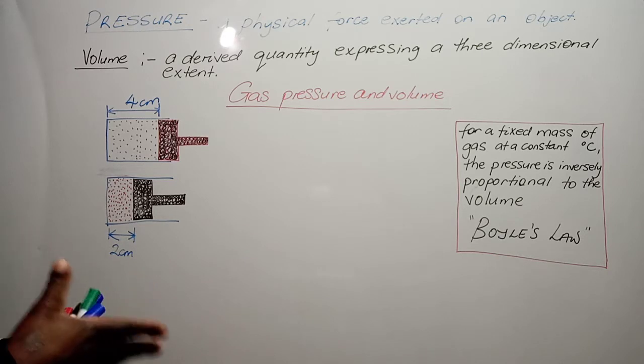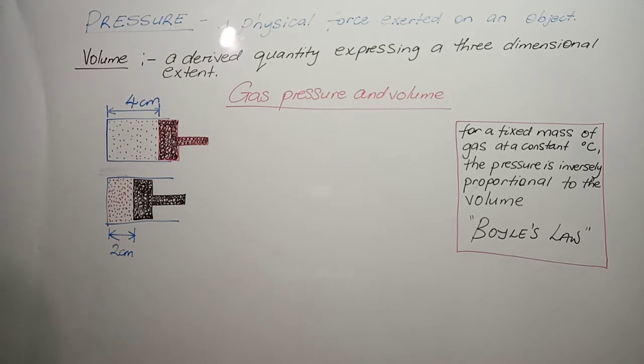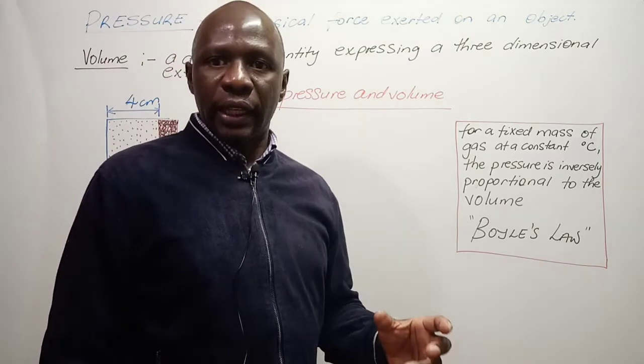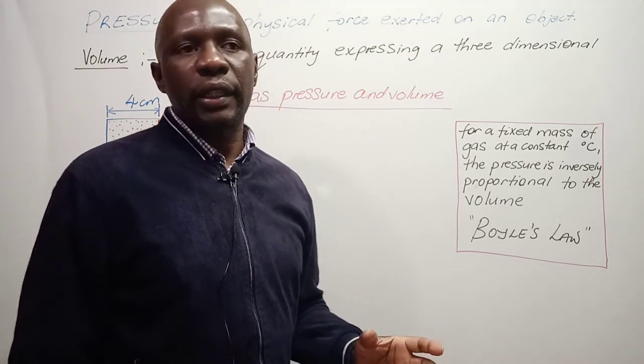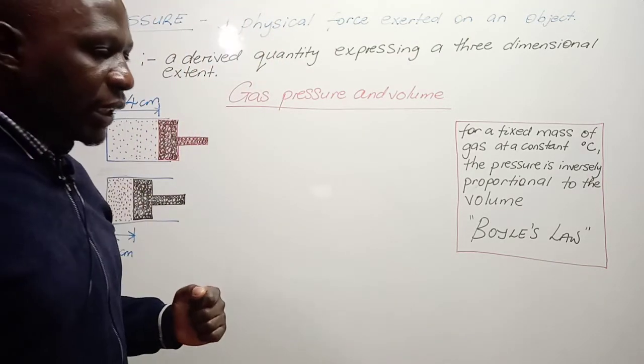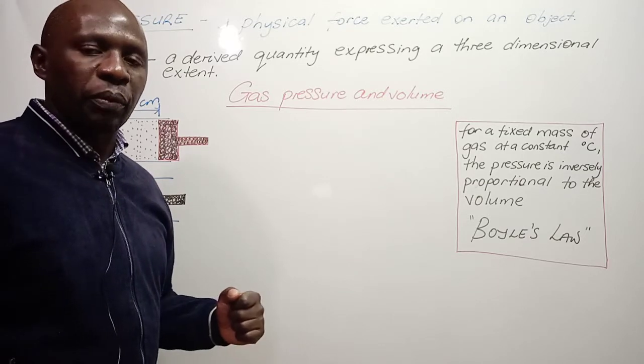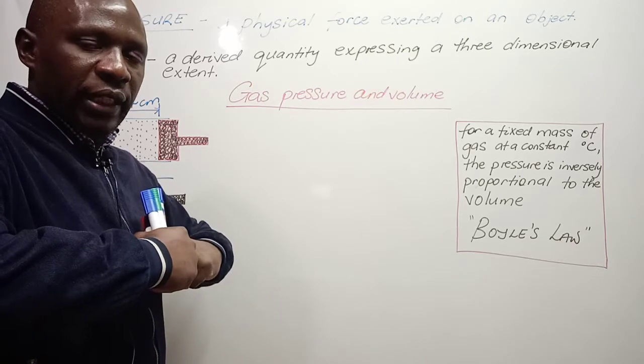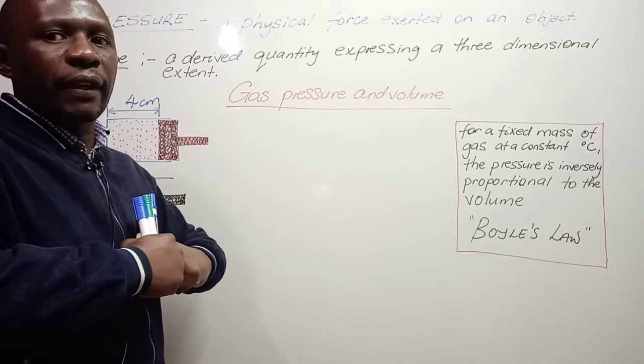So what causes pressure? What causes pressure is that the gas particles collide with each other inside the container. The collisions that the gas particles make create a force that pushes outwards on the container.